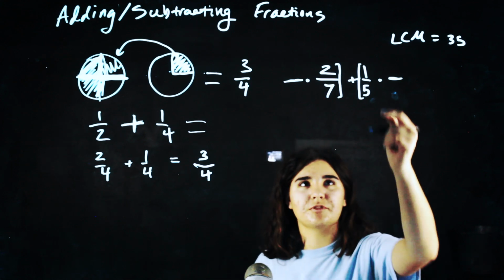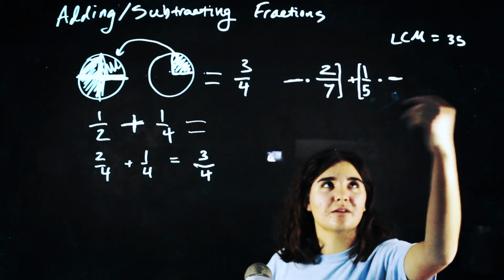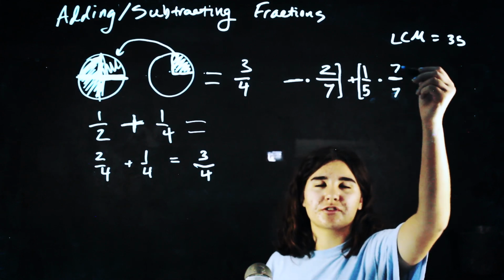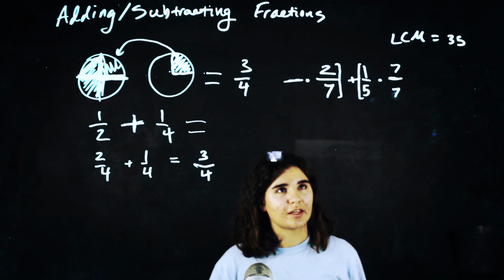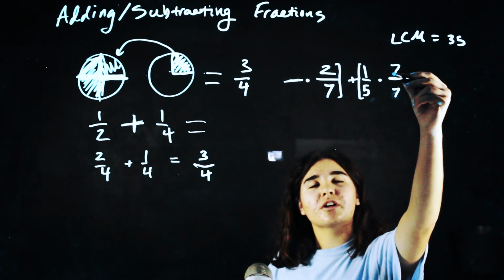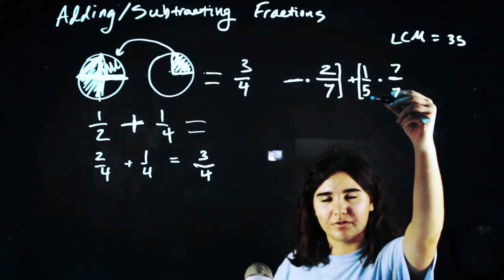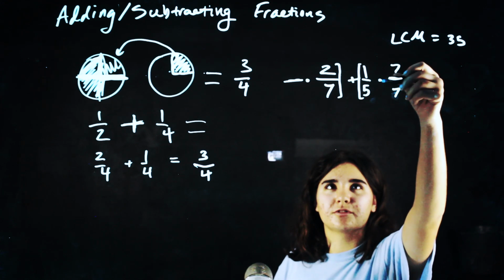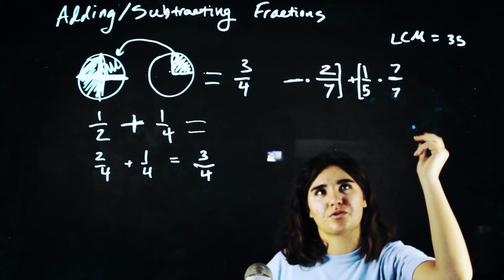So in this case, we're going to want to multiply 5 by some number to get to 35, and that number is 7, and then you put the same number on top. We do that because we're not actually changing the value of this 1/5, right? We're literally just multiplying it by 7 over 7, which is 1.